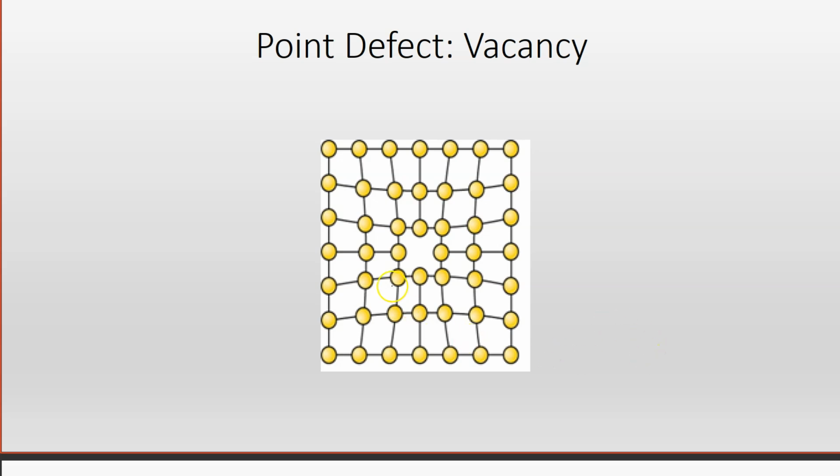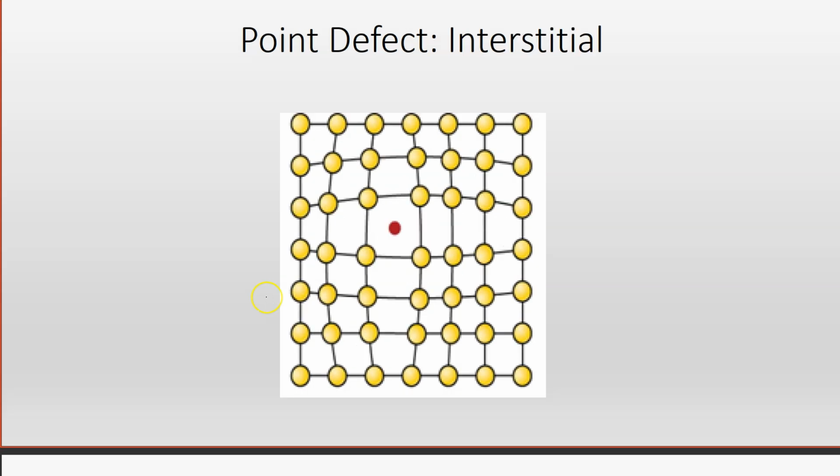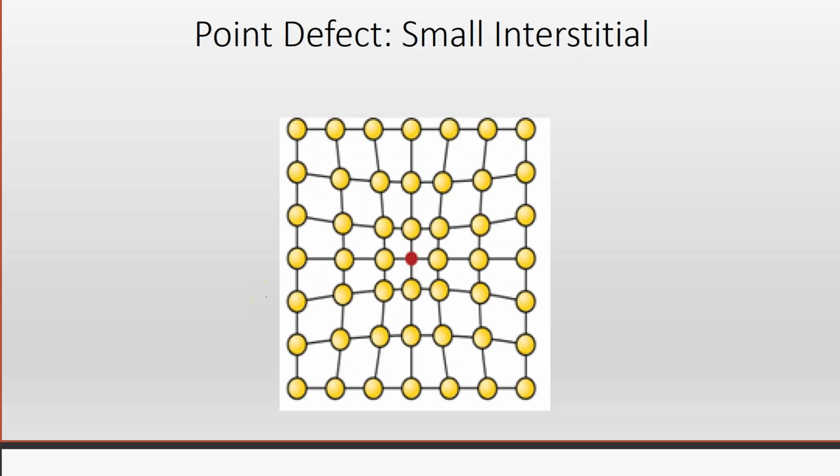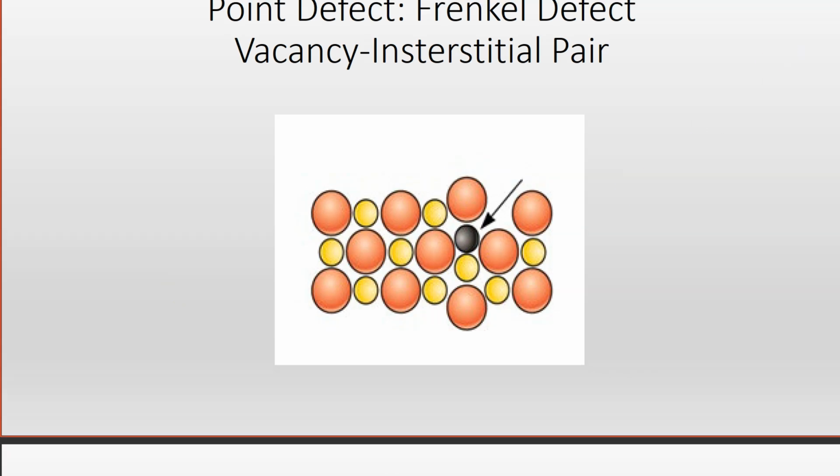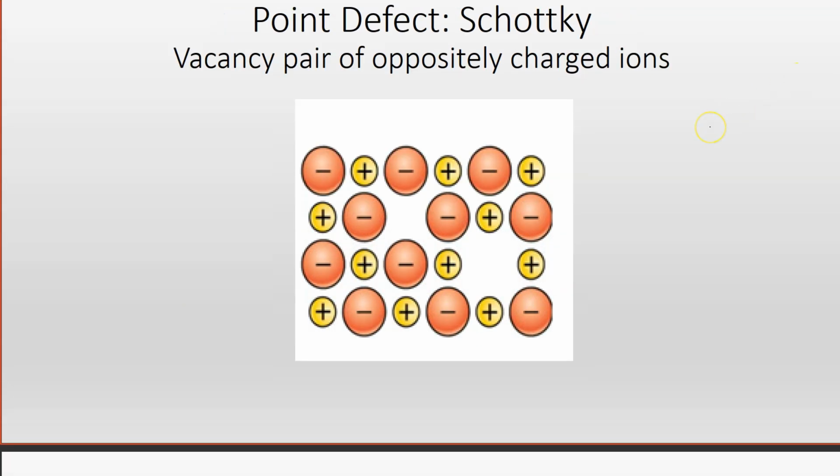As discussed, this is the vacancy defect that we talked about, the interstitial defect, small interstitial, large interstitial, the Frenkel defect, and the Schottky.